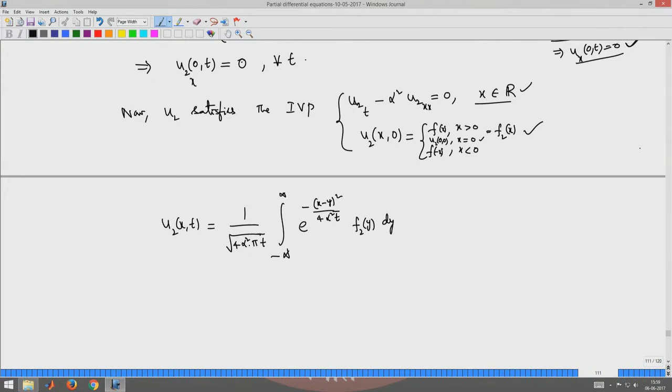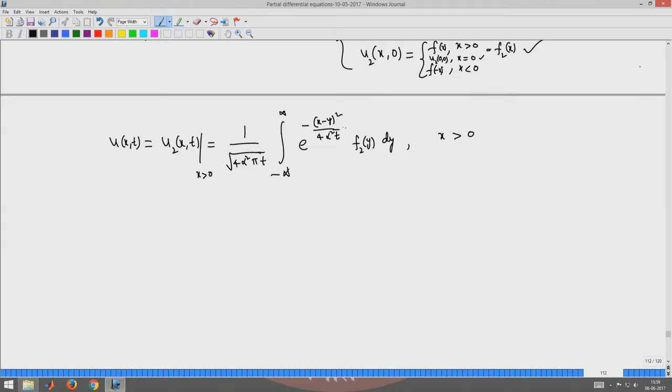Integration at one point is always 0, so a finite number of points can always be removed from an integral and the value is the same. If you restrict this only to x positive, that is exactly your required function u(x,t).